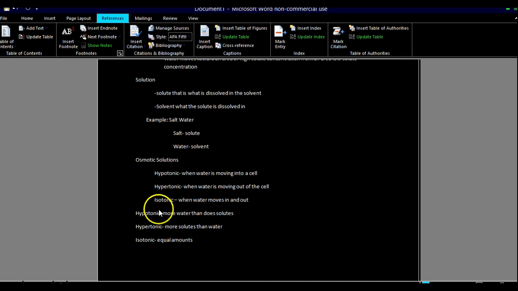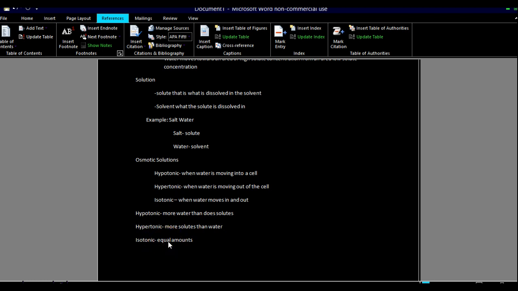And when we talk about hypotonic, then that's going to have more water on the outside of the cell and less solutes on the outside of the cell. Hypertonic is going to have more solutes and less water on the outside of the cell.